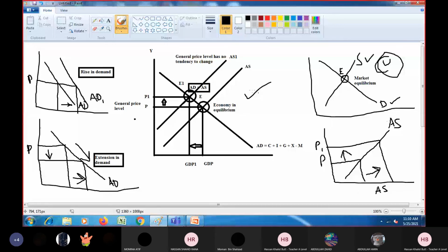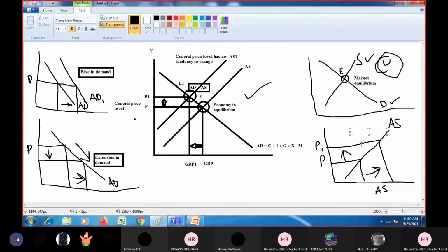This is an extension in supply, not demand, sorry, and this happens because of the price factor. You can see that when price is increasing, supply is also increasing. But this is not the topic we are discussing.